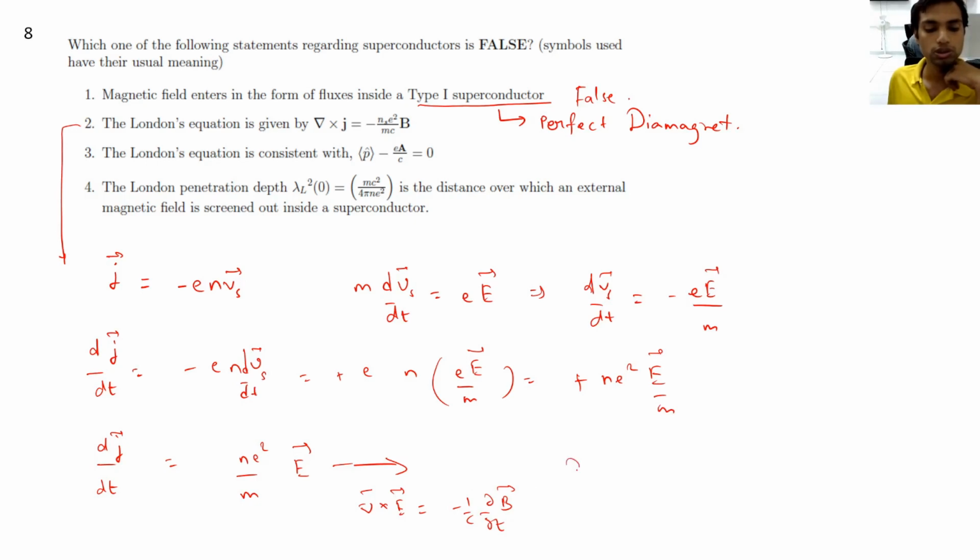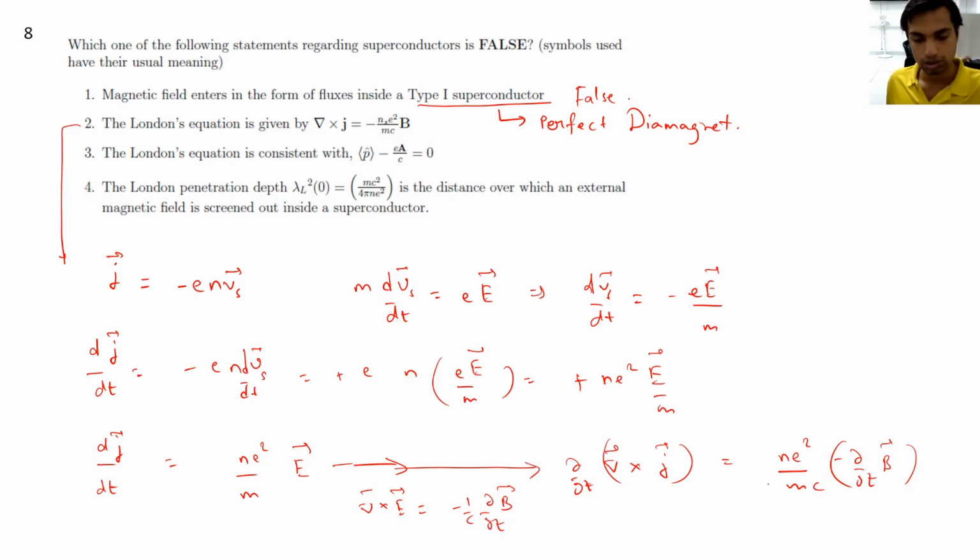What you get is del t curl of J is equal to n e square over m, and curl of E is equal to minus 1 by c del t of B. So what you have here is curl of J is equal to minus n e square over mc B. Actually it is the time derivative of this.